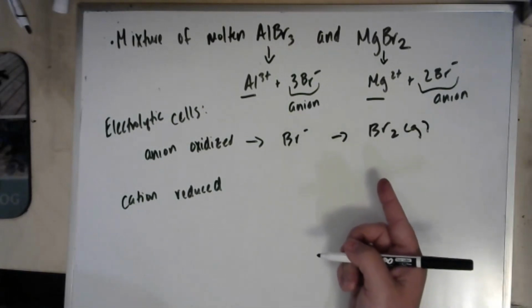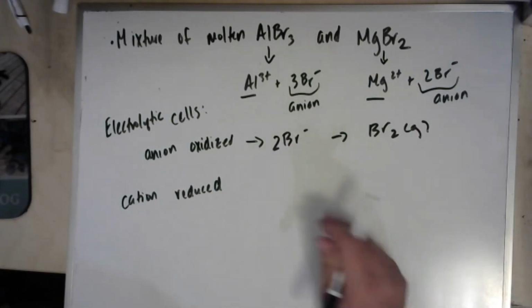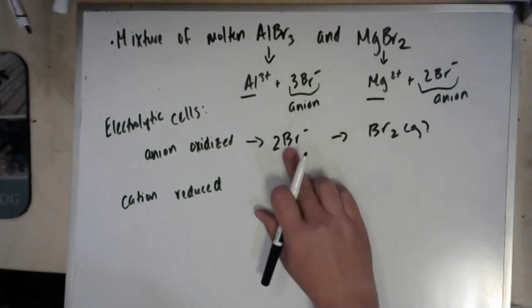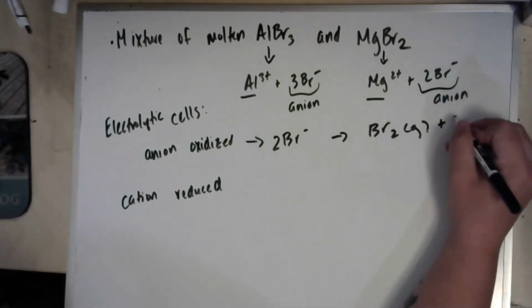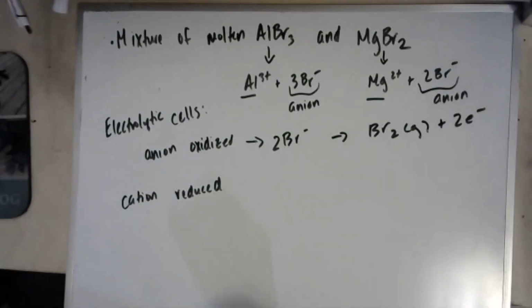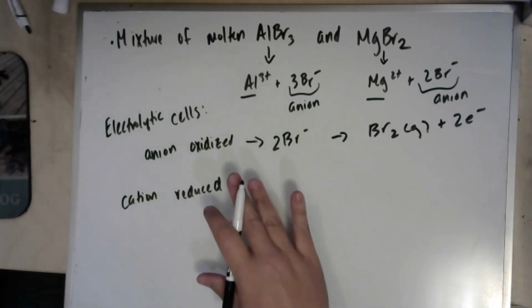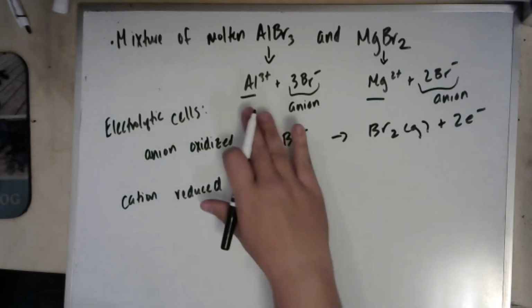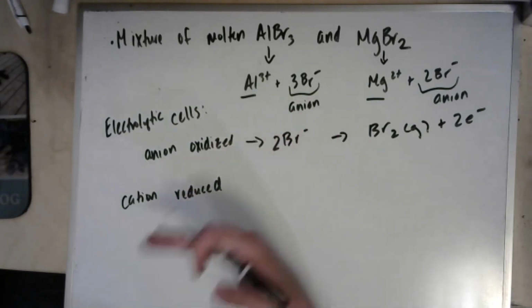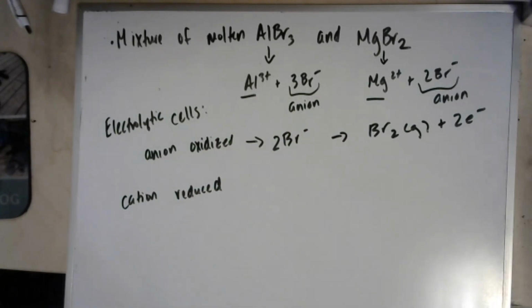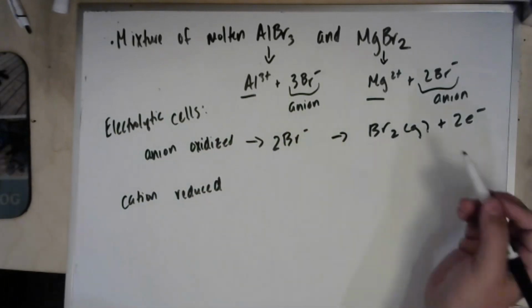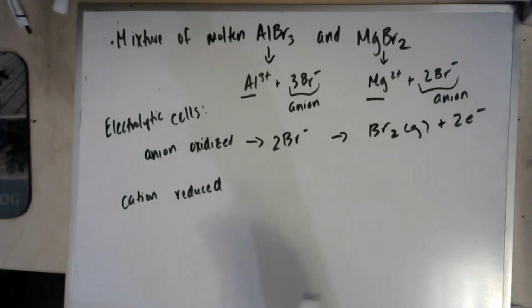For this to work out, we're going to need 2 bromines, and we have a -2 and a 0 charge, so we're going to need 2 electrons. Normally in a voltaic cell, the anion and the cation situation would be reversed, but because we're in an electrolytic cell, that's why our bromide ion is going to be oxidized.